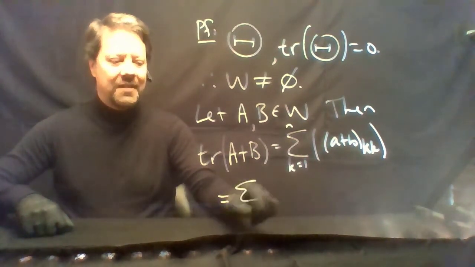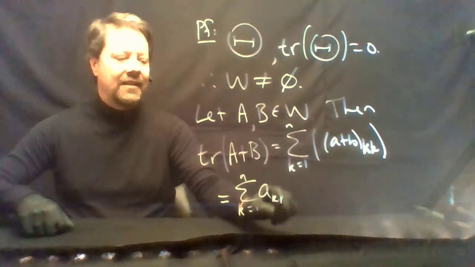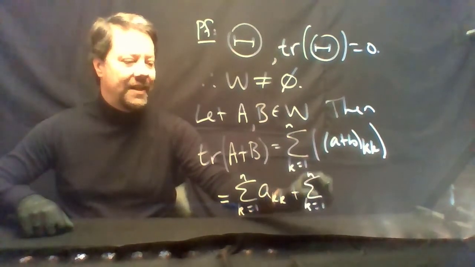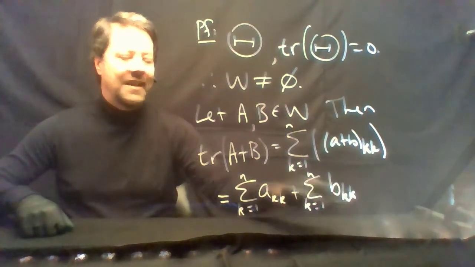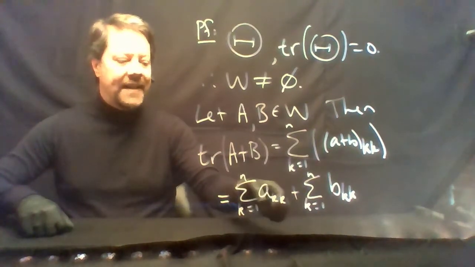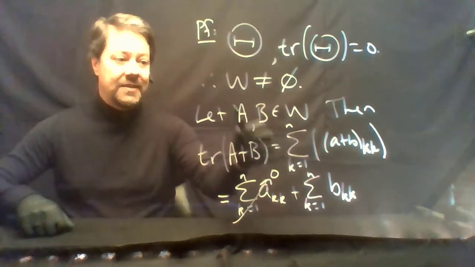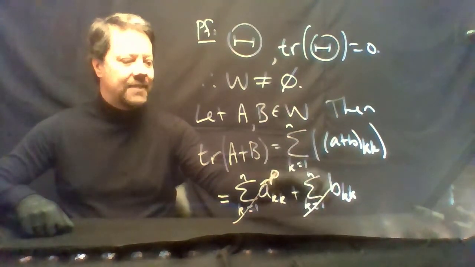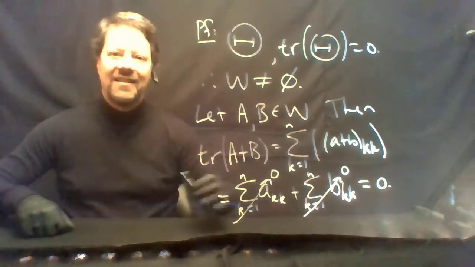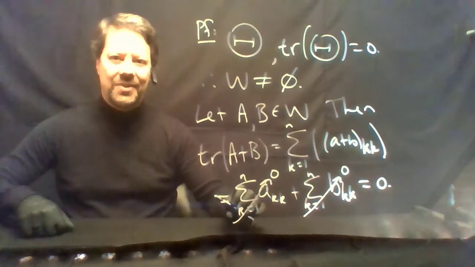That's equal to the sum, as k goes from 1 to n, of a_kk plus the sum, as k goes from 1 to n, of b_kk. But we know that the sum of the diagonal elements of A is 0 because it's in W, and the sum of the diagonal elements of B is 0. We deduce then that the set W is closed under addition.